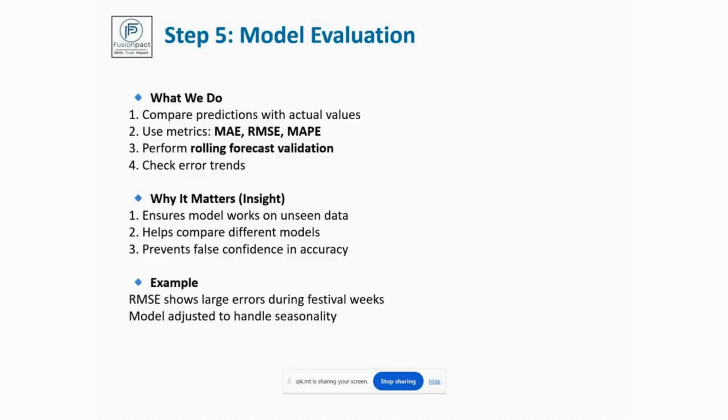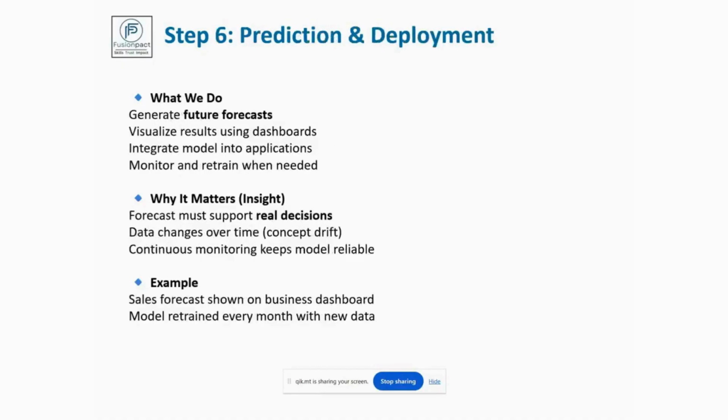This ensures the model performs well on unseen data and avoids false confidence. For example, if errors are high during festival weeks, it means the model is not handling seasonality well.